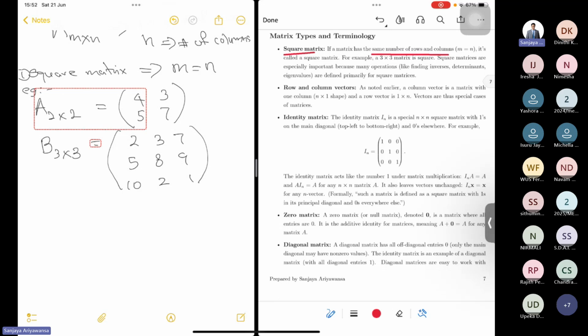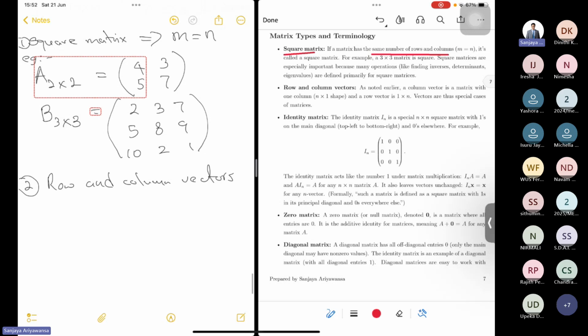Then you have something called row and column vectors, which is what we looked at before. But this is a special type of matrix. Why is that? Because if you take a particular matrix, let's say A, 1 by n, what does this mean? This means this particular matrix has only one row and n columns.